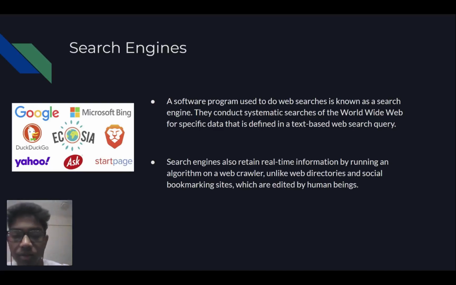Search engines also retain real-time information by running an algorithm on a web crawler, unlike web directories and social bookmarking sites, which are edited by human beings. You can see a few of the search engines available to us, like Google, Microsoft Bing, DuckDuckGo, Brave, and more.